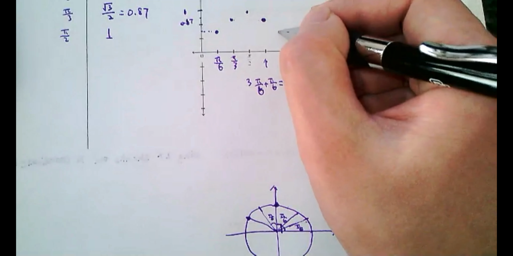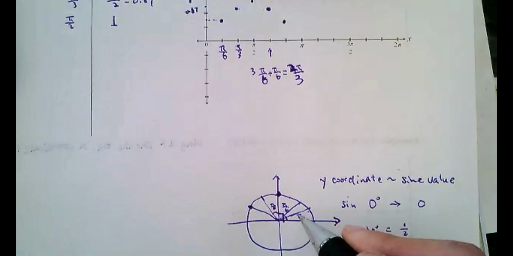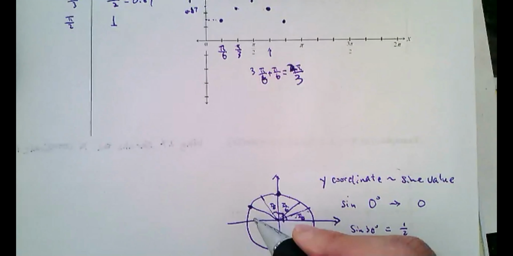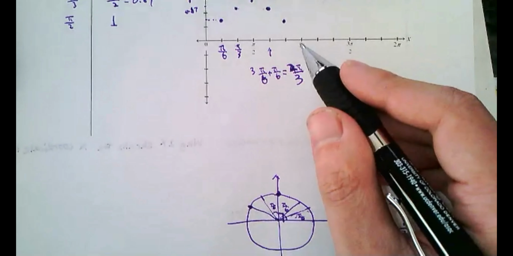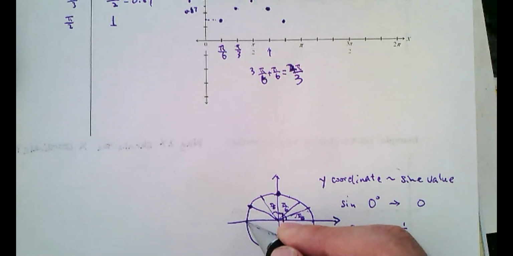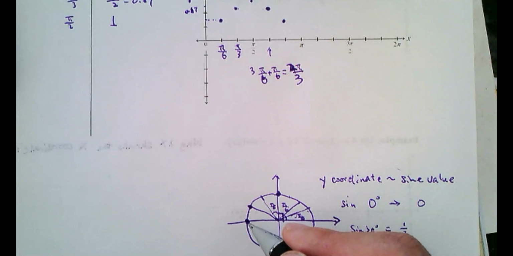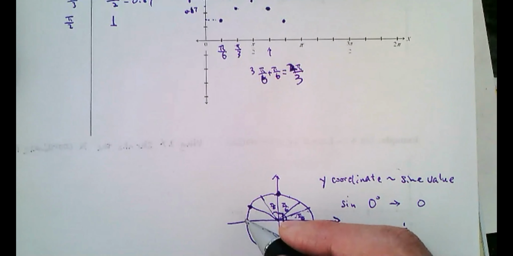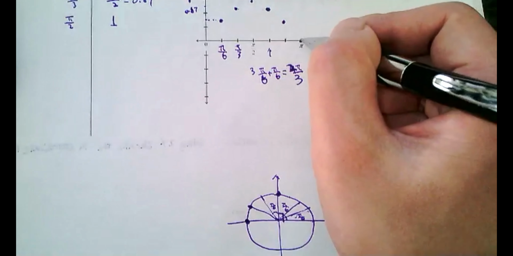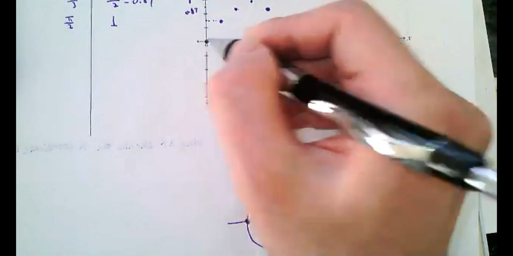So for this point, still the same y coordinate. However, if you move completely to pi, which is 180 degrees, what's the y coordinate for this terminal point? It would be 0. Very good. You reach 0 again. And don't forget that we start from 0.